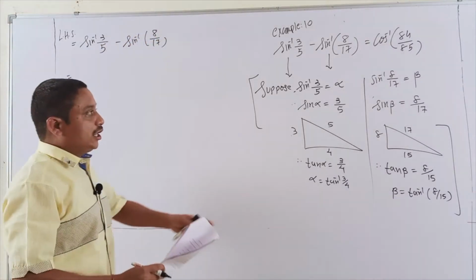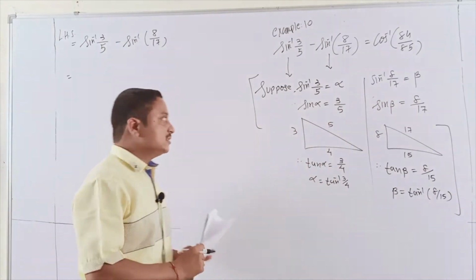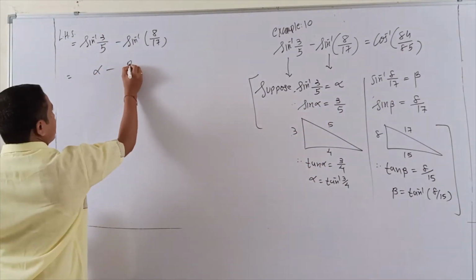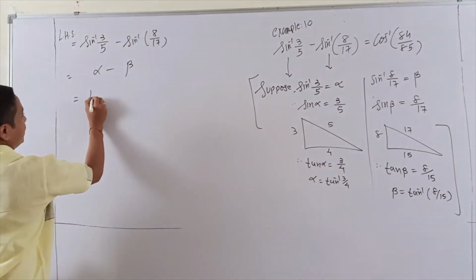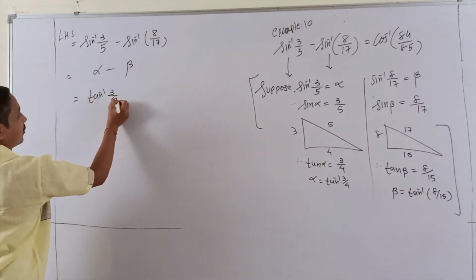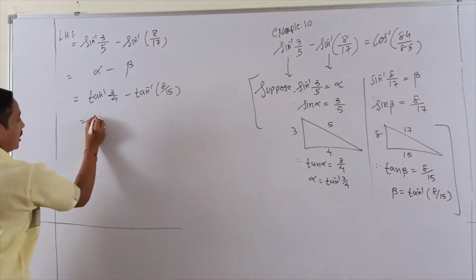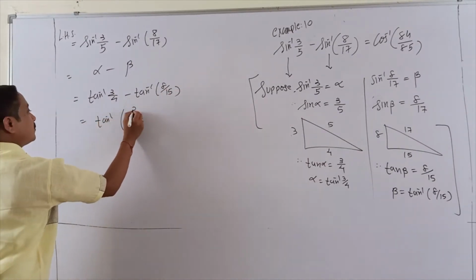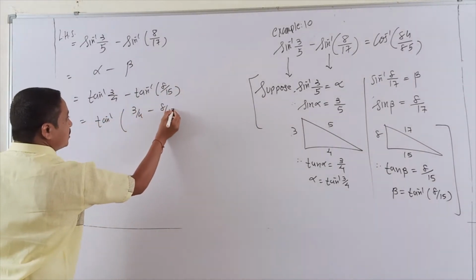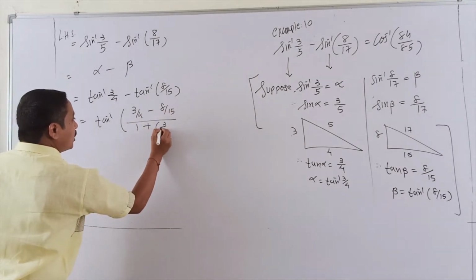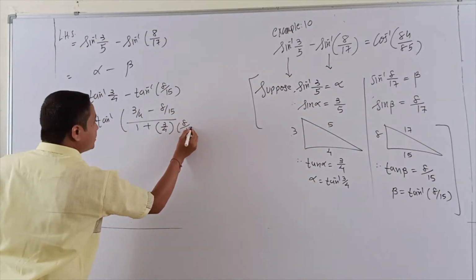Yes, these values you have already assumed as alpha and beta. So I apply here alpha, and what is alpha? Tan inverse 3 by 4. Next, tan inverse 8 by 15. And apply the formula: 3 by 4 minus 8 by 15 upon 1 plus 3 by 4 into 8 by 15.